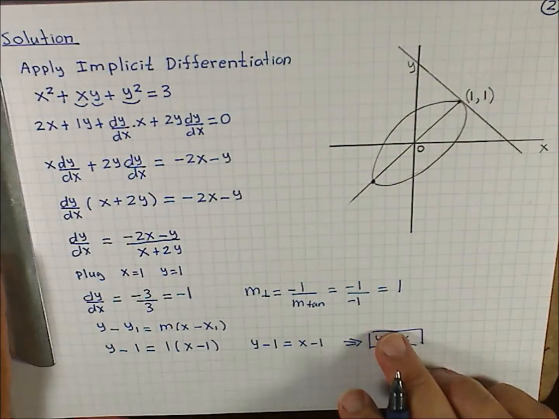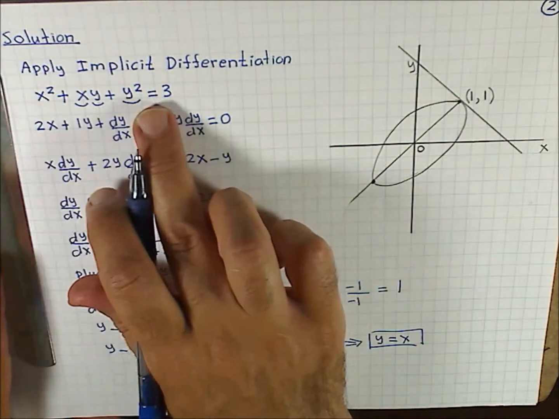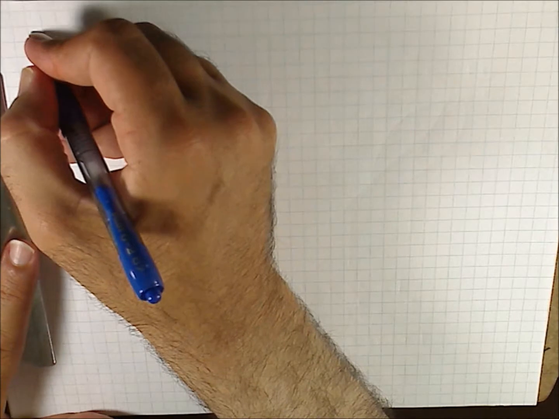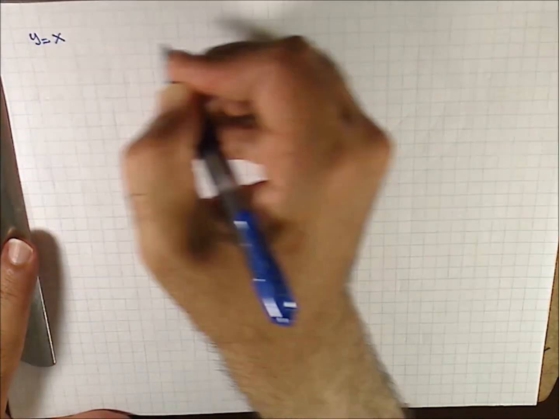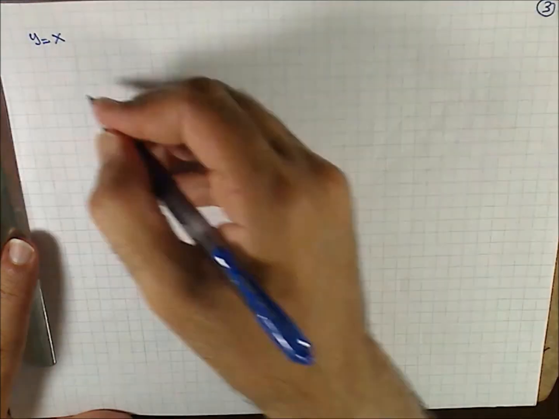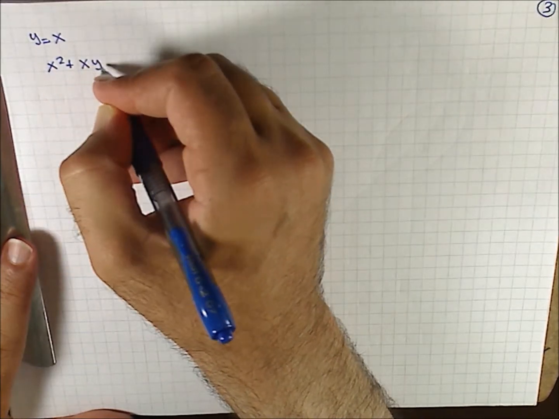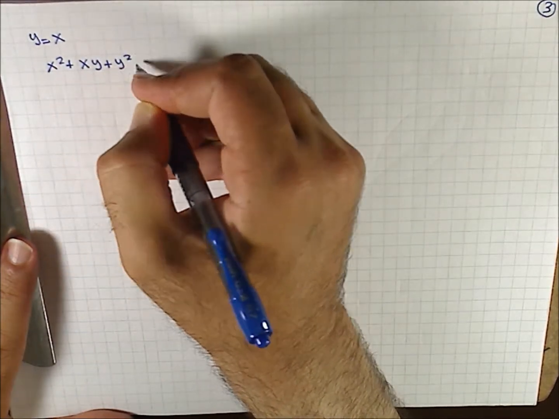Now let's plug this into the ellipse equation and find this point. Okay, so we have y equals x, and we have x squared plus xy plus y squared is equal to 3.